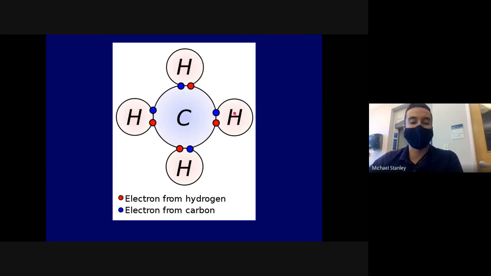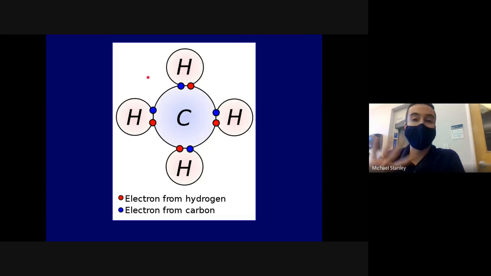So it adds another hydrogen. 1 carbon electron, 1 hydrogen electron gets shared. So now this hydrogen is happy, but carbon still has 2 spots to go. We form another covalent bond with hydrogen, 1 hydrogen electron and 1 carbon electron. And then we do that again with this 4th one.